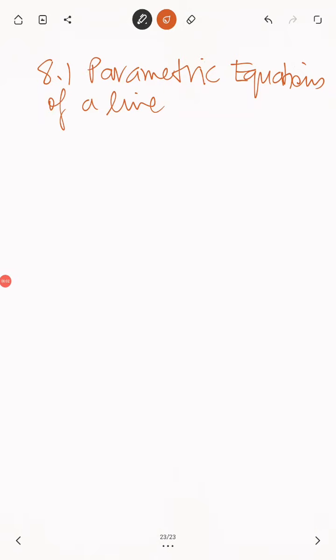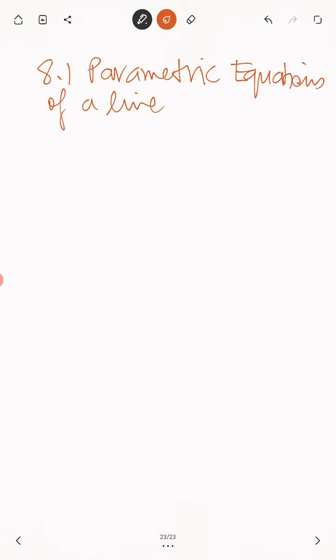Hi guys. So we're continuing our quest to discover how vectors can be used to describe equations of lines. And remember that the motivation for this is that we can easily describe a line in two space with our standard form equations or slope-intercept form equations from grade 10.